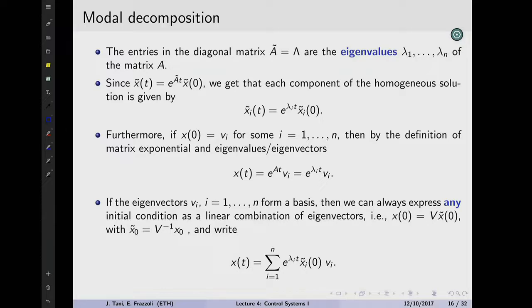If we choose a special coordinate transformation that is linked deeply to the structural properties of the matrix of the problem we're solving, that is, to the eigenvectors of the A matrix, the system now gets represented in the simplest possible way.